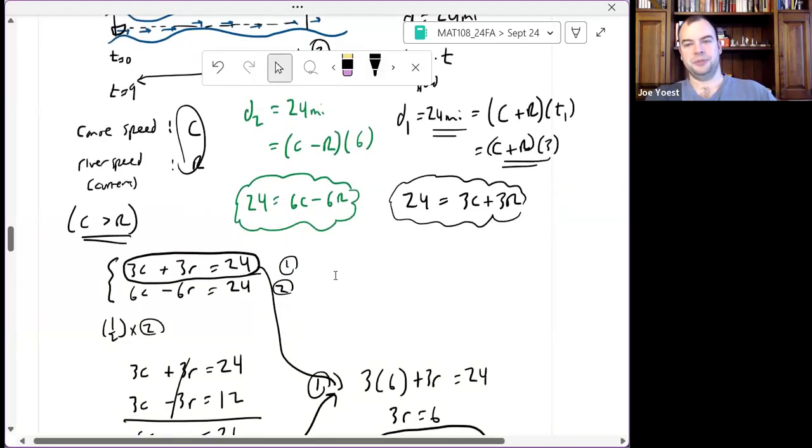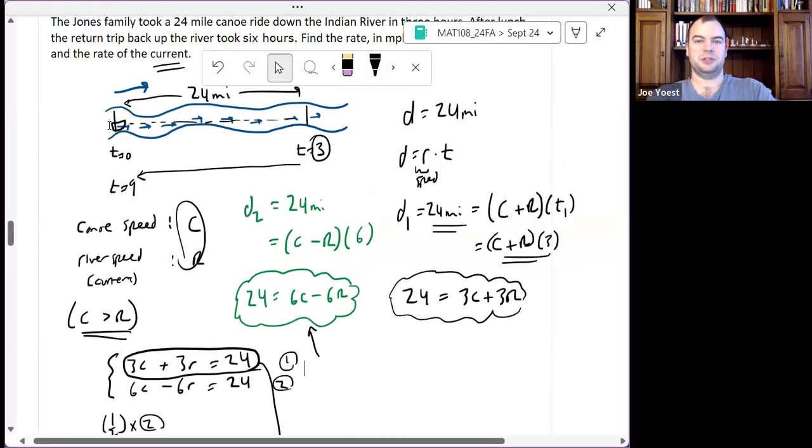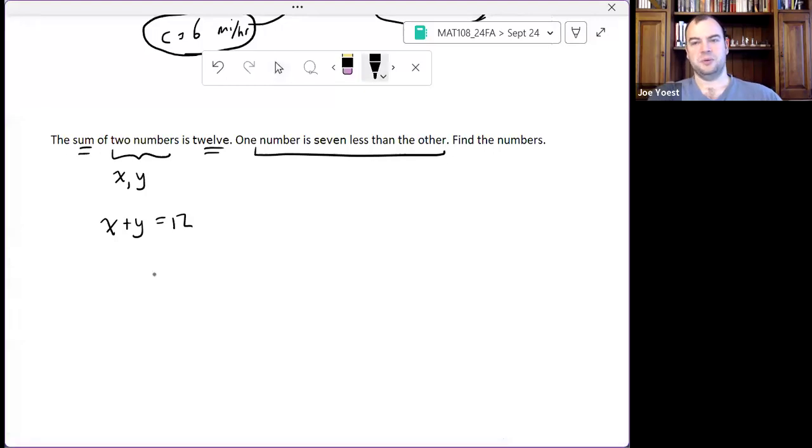If I had set up 24 equals 6R minus 6C, that wouldn't have been correct, because C specifically represents the speed of the canoe in still water. It's a specific thing. But here we just have two numbers, so I can just pick whichever one I want to be bigger. One is 7 less than the other.